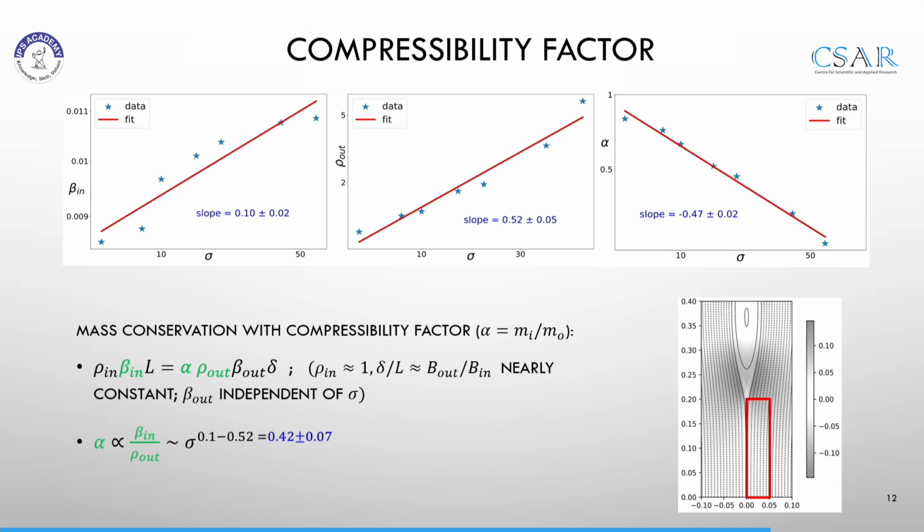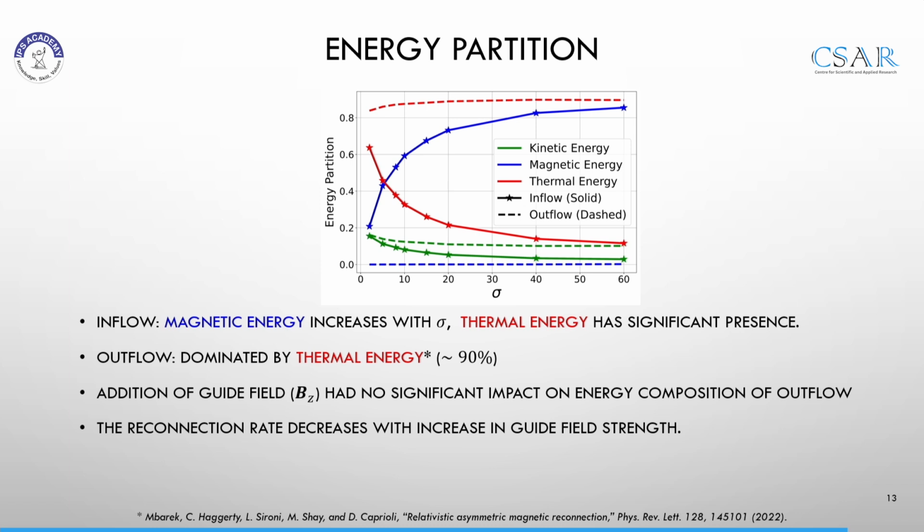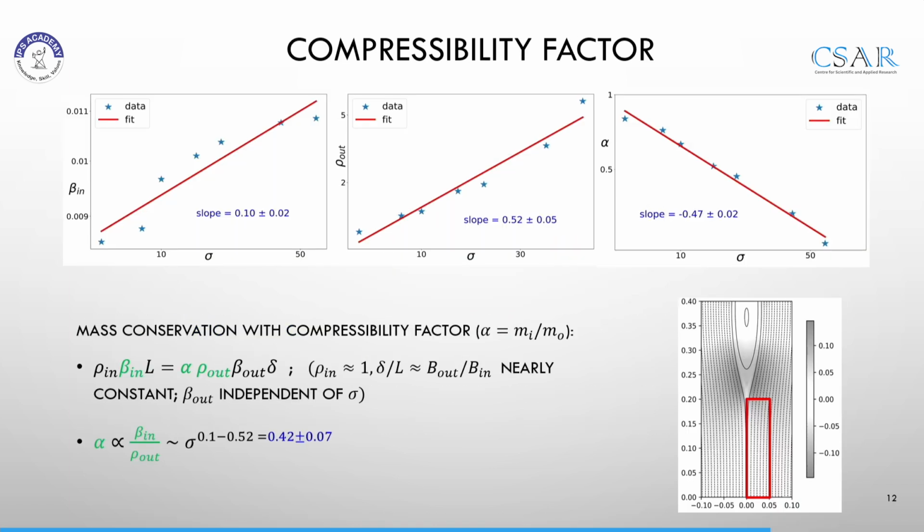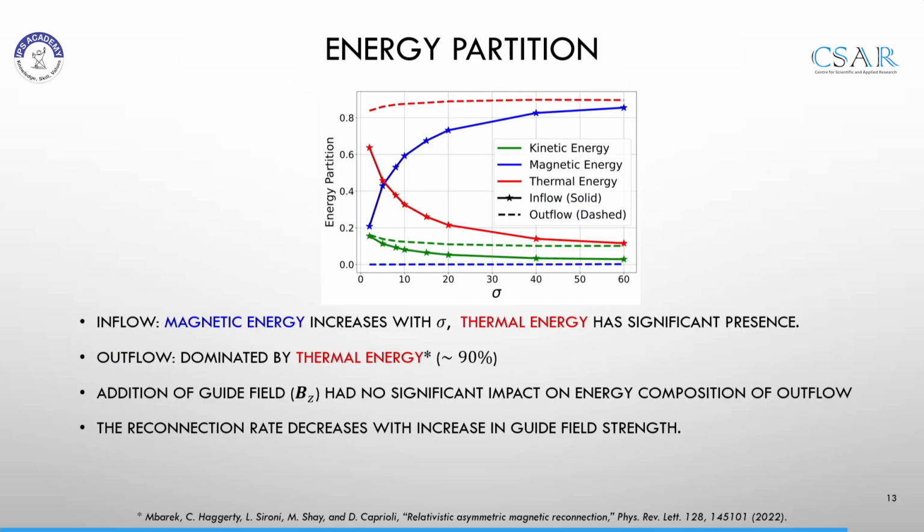By substituting the simulation sigmas of 0.1 and 0.52 for beta_in and rho_out respectively, we obtained a scaling of 0.42. To verify this, we also calculated the alpha scaling from our simulation result, and we obtained 0.47, and both of them are pretty close to each other, which signifies that the compressibility factor should be taken into account.